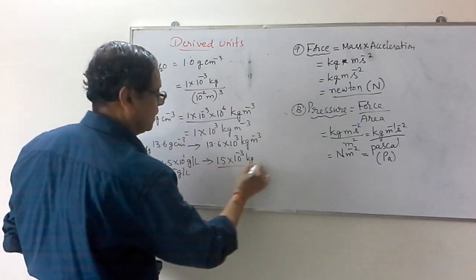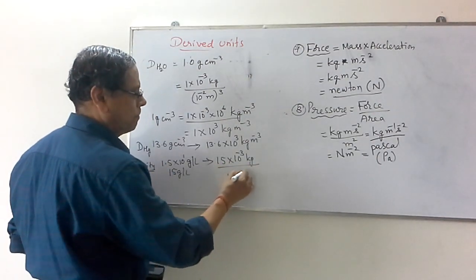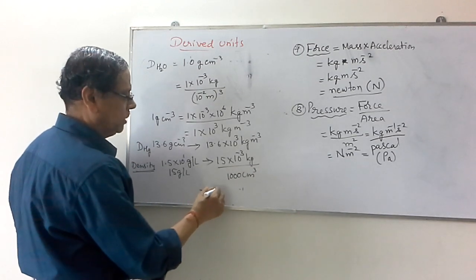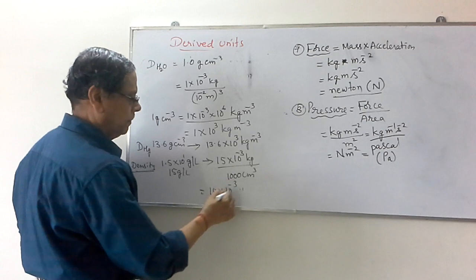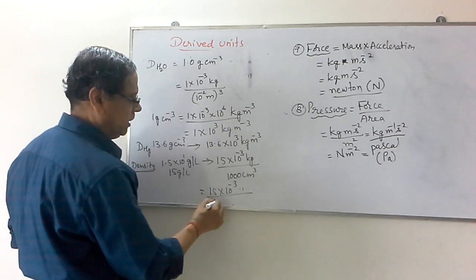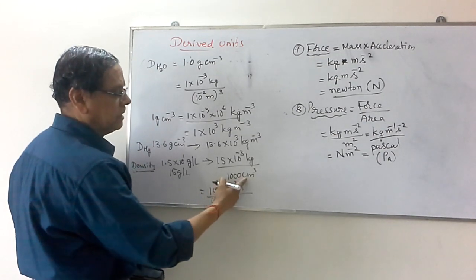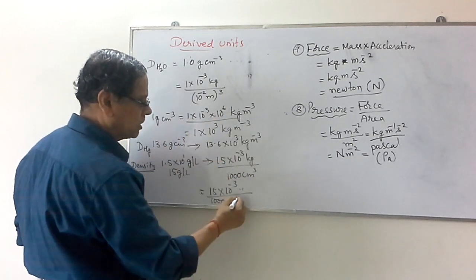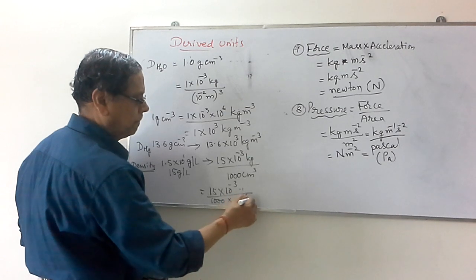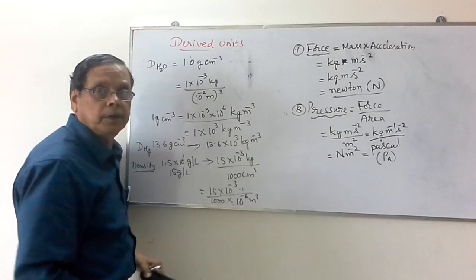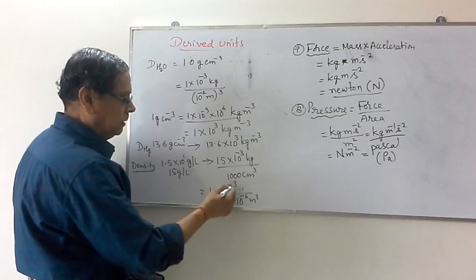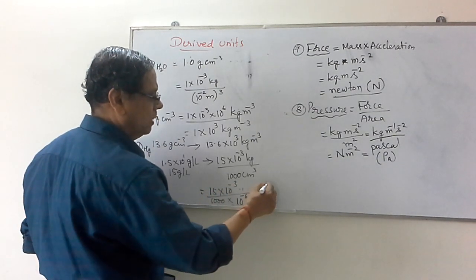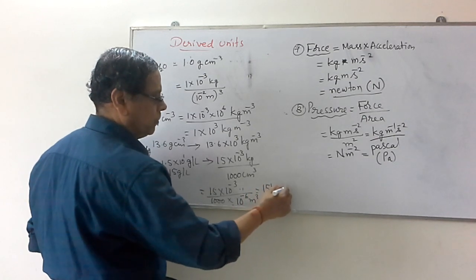Then 1 liter corresponds to 1000 cm cube. This is 15 into 10 to the power minus 3 divided by 1000 into, we have already seen, 1 cm cube corresponds to 10 to the power minus 2 whole cube meter cube. So it is 10 to the power minus 6 meter cube, or we can say 10 to the power minus 3, and everything gets cancelled. So we write this as 15 kg per meter cube.